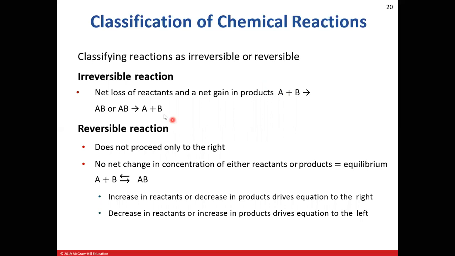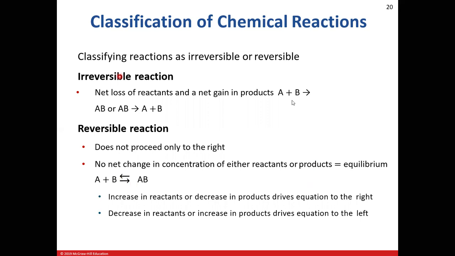But again, we have a net loss of them. With a reversible reaction, the reaction does not only proceed to the right, it can actually proceed in both directions. So we have no net change in concentration of either reactants or the products. And this gives us equilibrium, okay? And so this is where you see the double arrow.